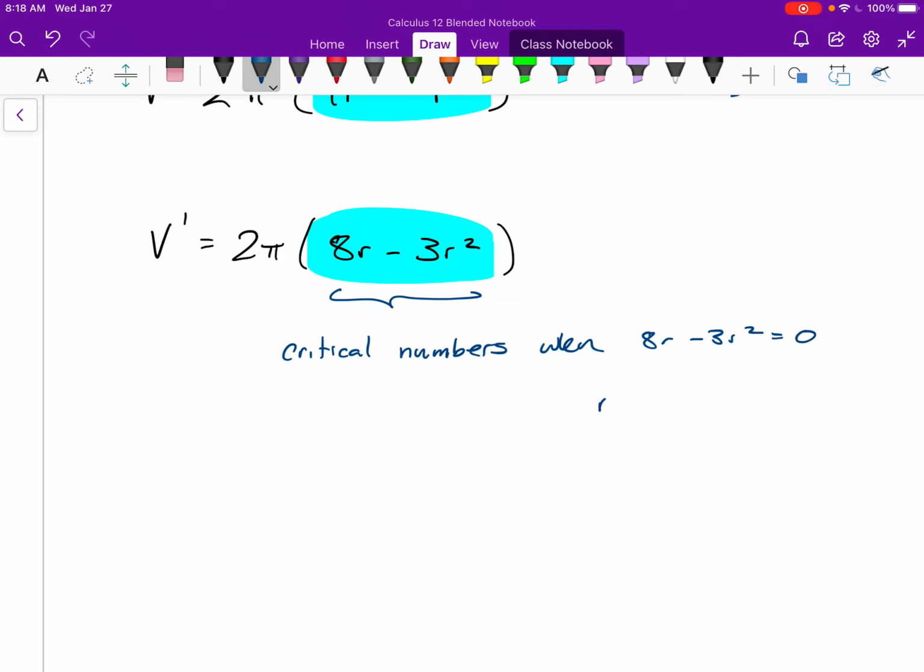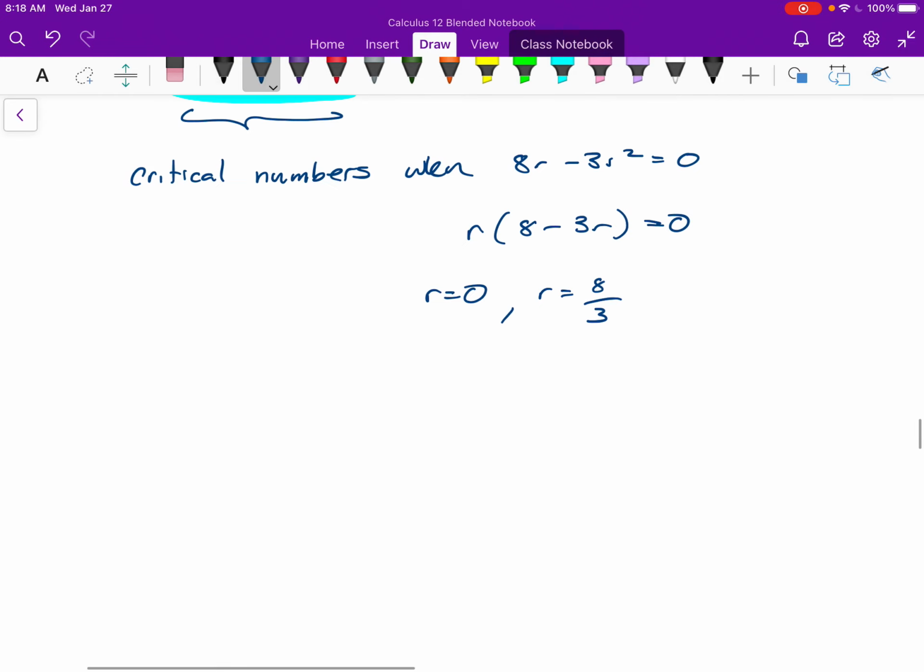Which, take out a common factor of r, is when r equals 0, which is clearly not going to be a point that's going to lead to the maximum volume, or when r equals 8/3. That's the one I want. So this is my minimum. This is what I care about. This is my max.